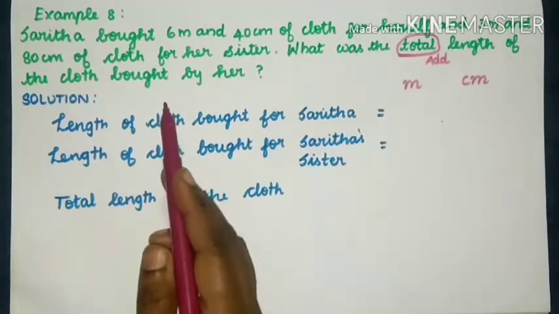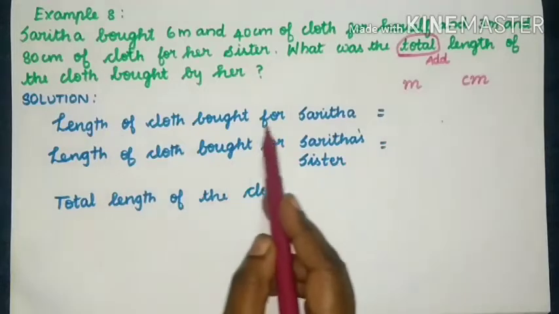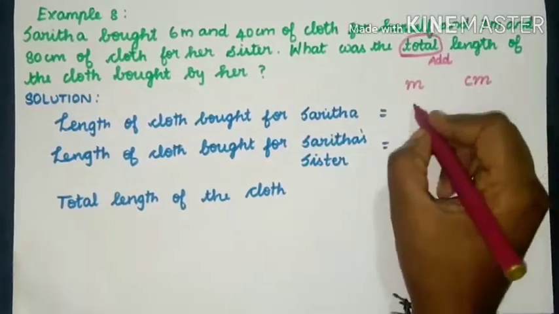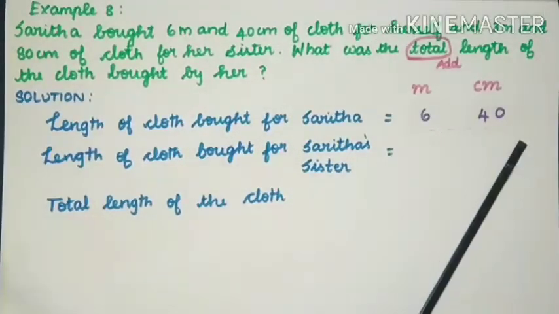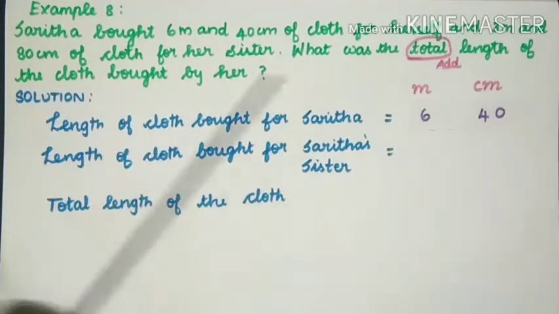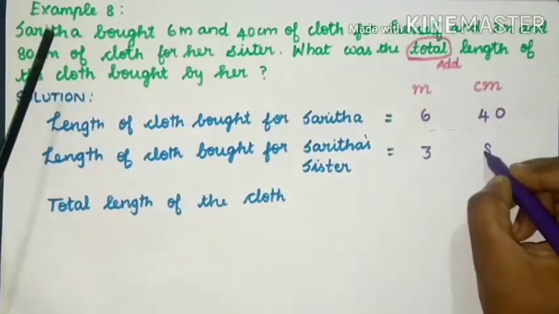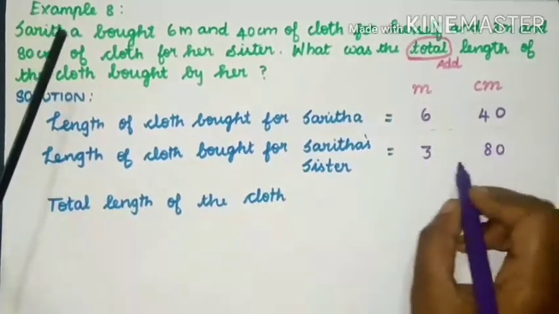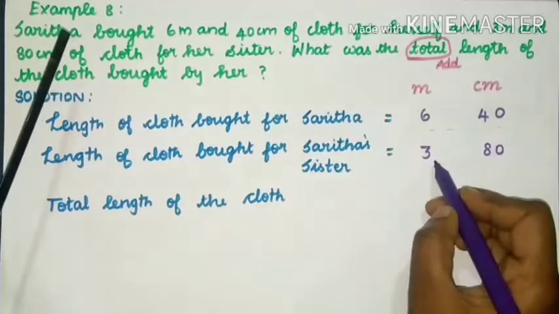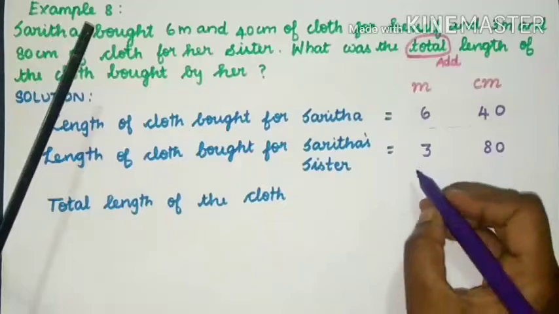In word problems, first you have to write the statement. Length of cloth bought for Sarita is equal to 6 meter and 40 centimeter. Length of cloth bought for Sarita's sister is equal to 3 meter and 80 centimeter. You have to write the measurements separately, meter in the meter column and centimeter in the centimeter column.